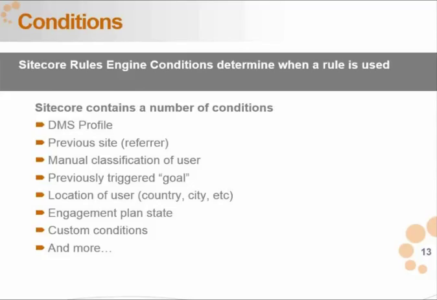Fantastic. The next one that we are looking at is the previous site or referrer. A very common example would be when you jump from one URL to another URL on your browser, the site knows where you come from.